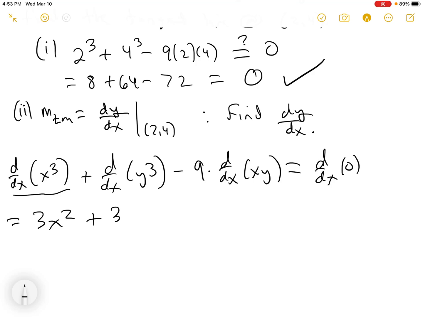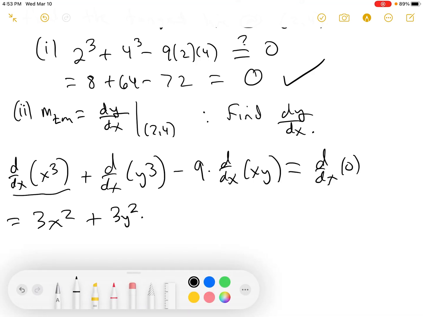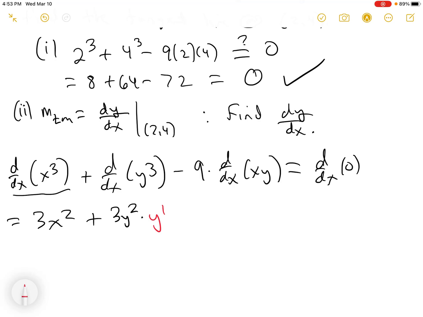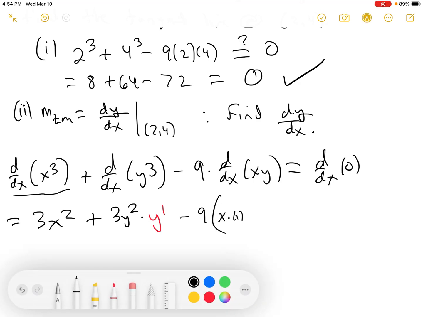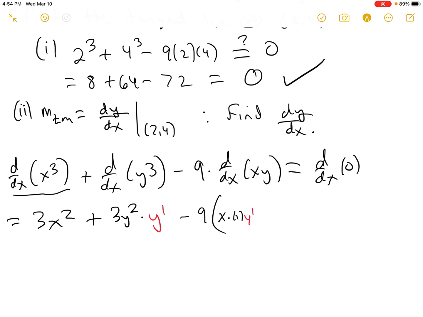This is 3y squared times y prime, or dy dx, minus 9. Now we're going to take this derivative. So we're going to fix the x and take the derivative of the y, which is 1 times y prime, plus y times the derivative of x, which is 1, and that equals 0.